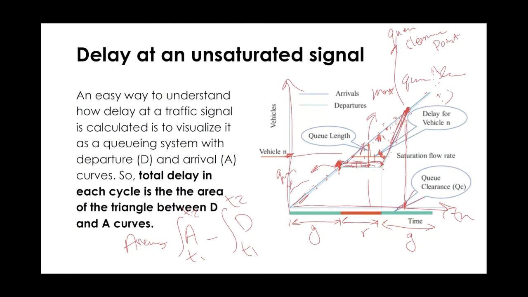So you see a queue forms, and then as soon as the second green time starts, the queue will totally dissipate and recover before the end of the green time. So if green time is enough to totally discharge all the queue, we call that an undersaturated signal.